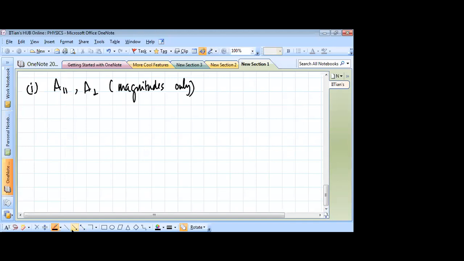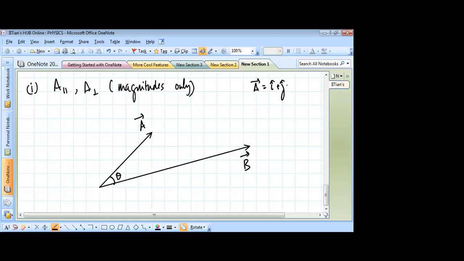For that, we have to understand that if this is the vector A, suppose, and this is the vector B, suppose, and the angle between them is theta. The vector A I had given you was i cap plus j cap minus k cap. The vector B I had given you was 3 i cap plus 4 j cap.